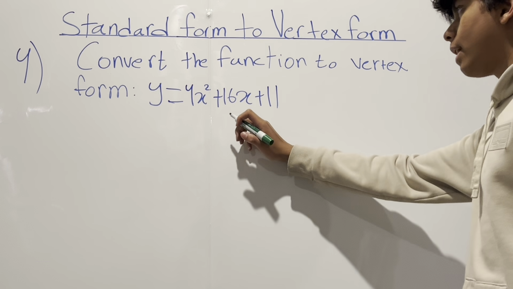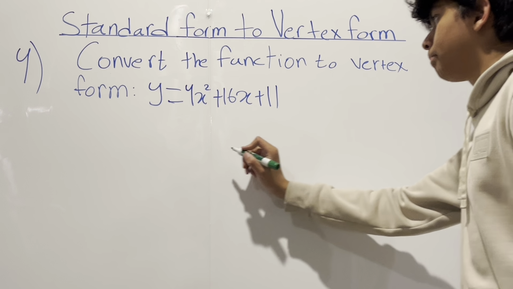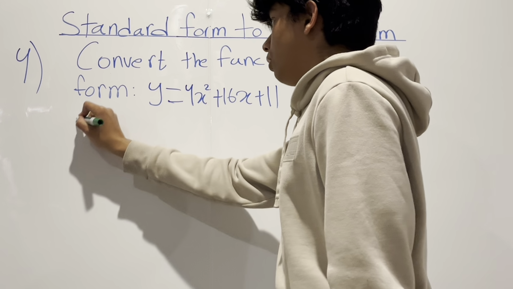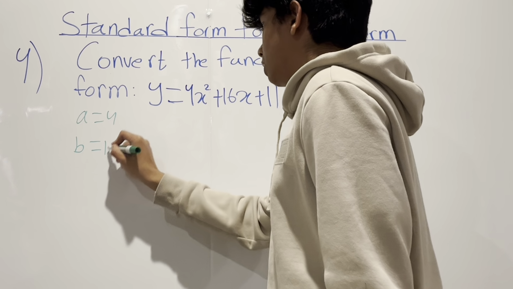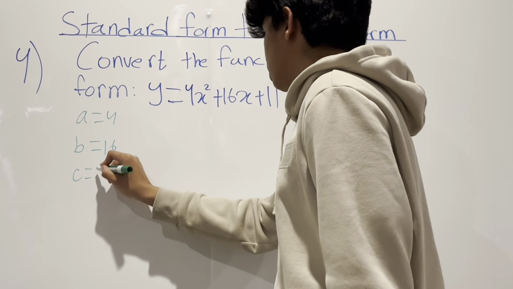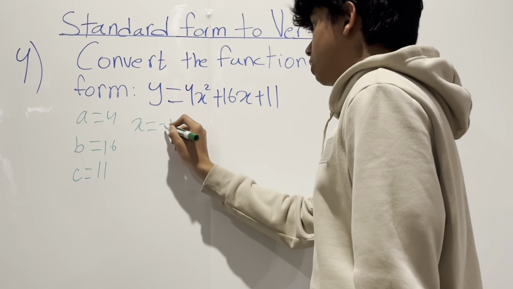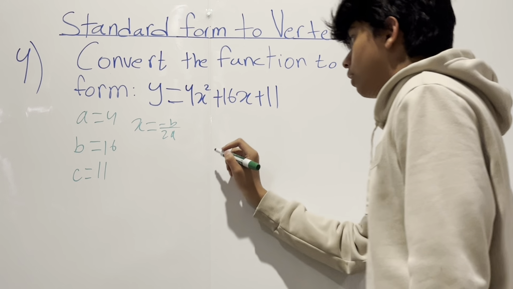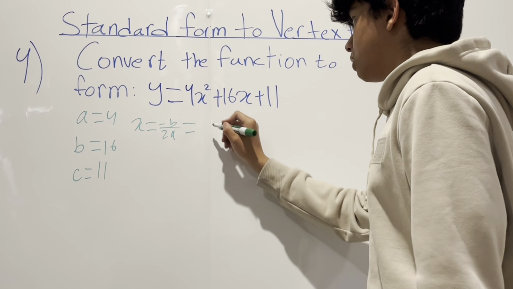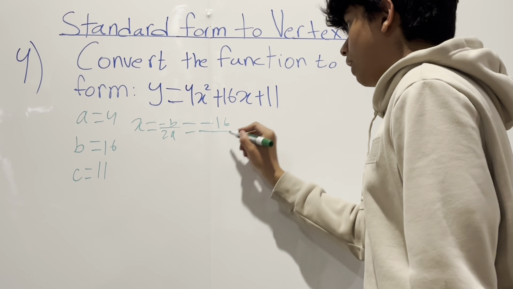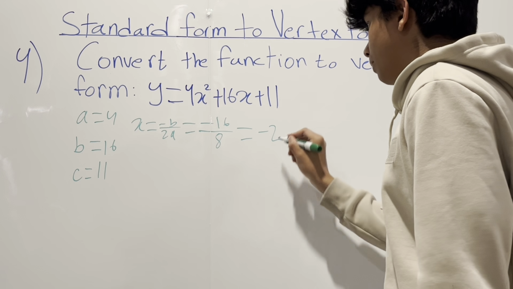And question 4, we have y equals 4x squared plus 16x plus 11. Our a value is 4, b equals 16, and c equals 11. The axis of symmetry is x equals negative b over 2a, so let's plug in our values. Negative b is negative 16, divided by 2a, which is 8, so this is going to be negative 2.